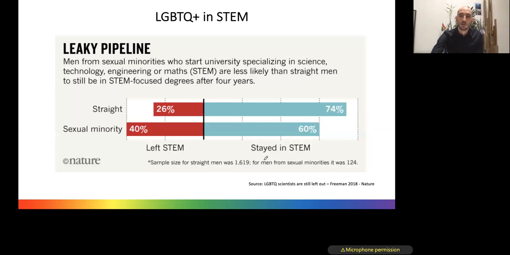In this survey from 2018, you can see that 40% of the sexual minority students, in this case only men, left STEM compared to 26%. And honestly, I refuse to believe that is because LGBTQ students are less gifted in the STEM field. So obviously there are some obstacles that we are facing.